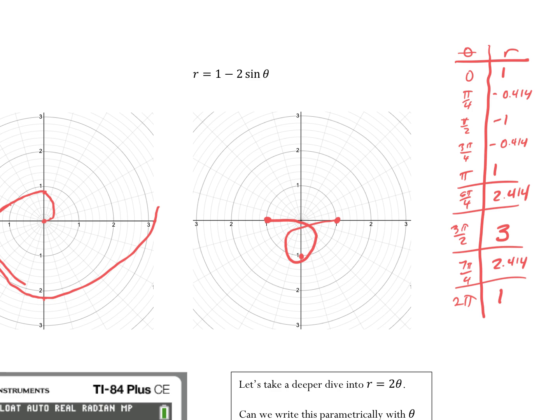Hold on. So then let's see. 5 pi over 4, 2.14 would be here-ish. And then 3 pi over 2, 3, here-ish.